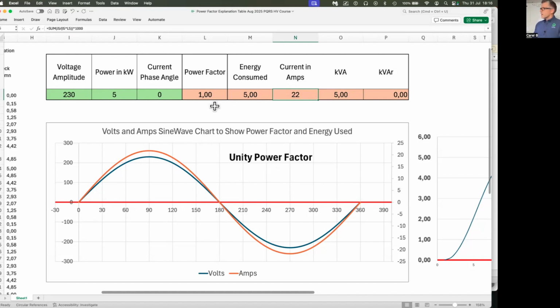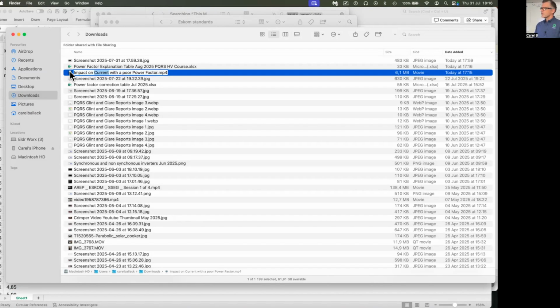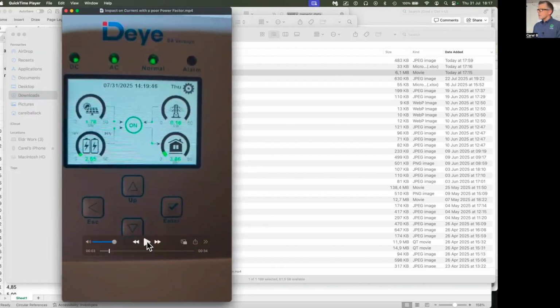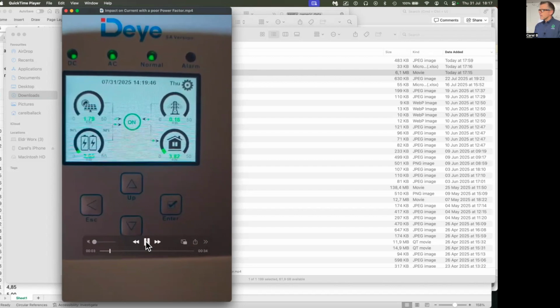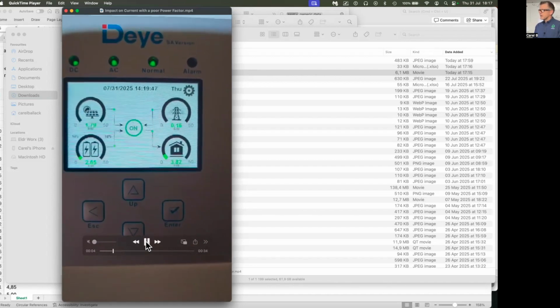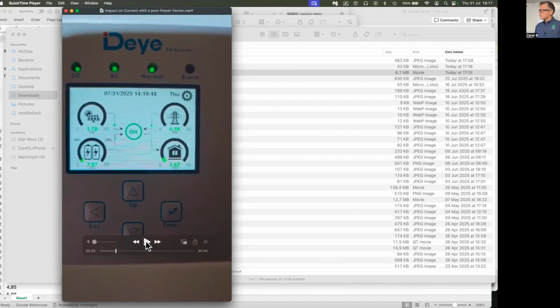Now, what I found interesting, what I want to show you guys is this. What this site has is a 50 kilowatt Deye inverter. What it's showing us is it is drawing 3.8 kilowatts.